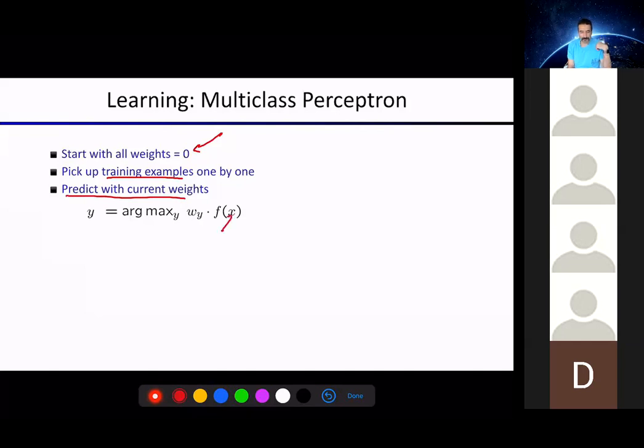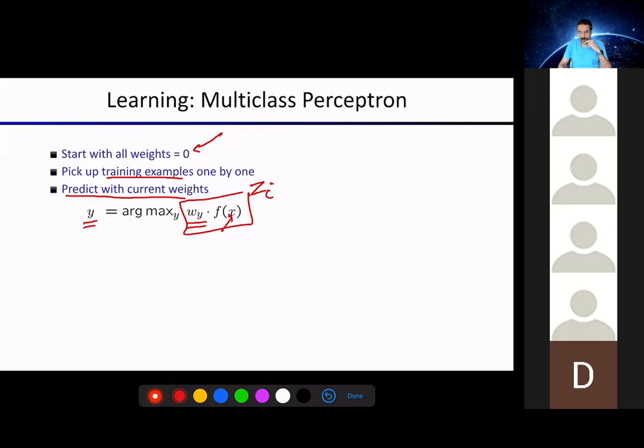When we have an example, we have a correct label, right? We have the current weight vector associated with each particular class, and then we can calculate z_i, the activation for each class, and then we select y as the output, the class associated with this example the way it is classified with the current weights.